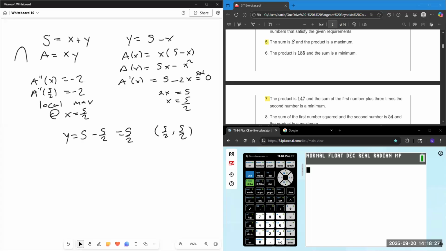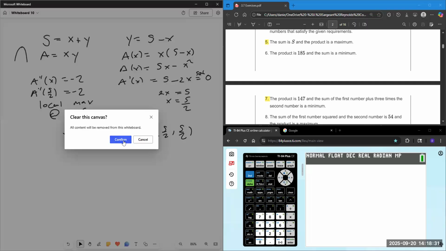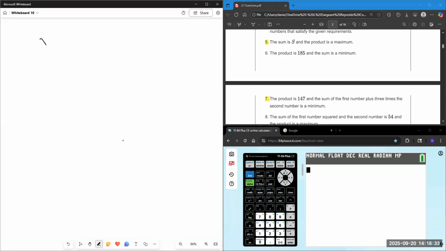Our constraint equation this time is the product of the two numbers, which will multiply to give us 147. So xy equals 147 is my constraint equation. And we're going to add in kind of a funny way. We're going to take the first number plus 3 times the second number, and we want that to be a minimum.